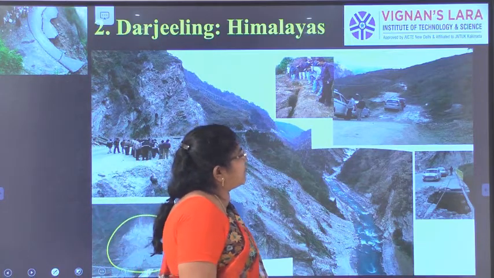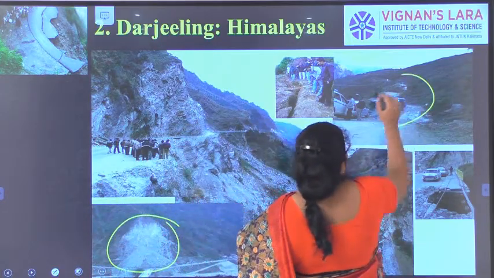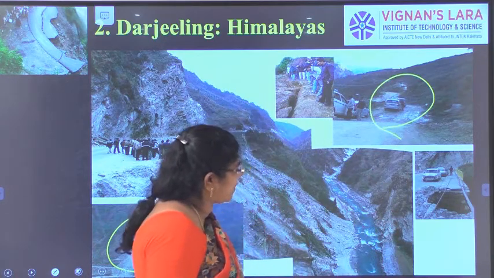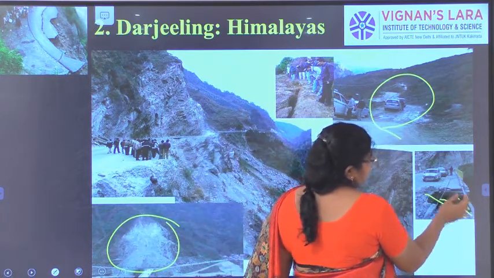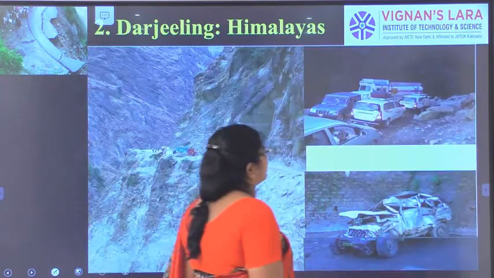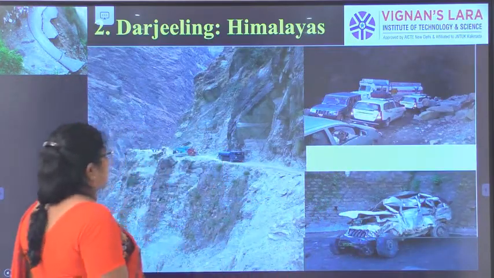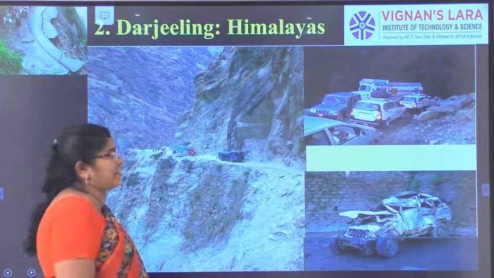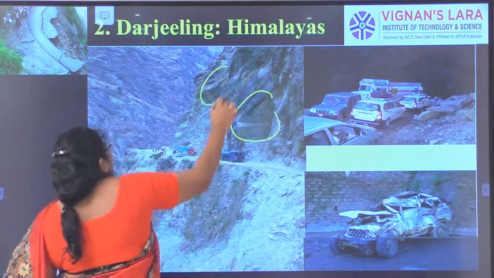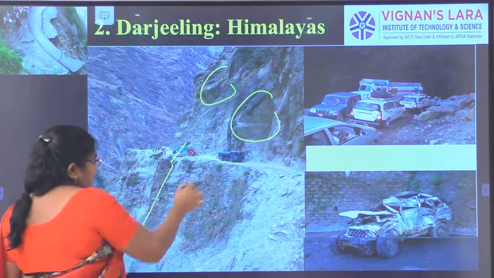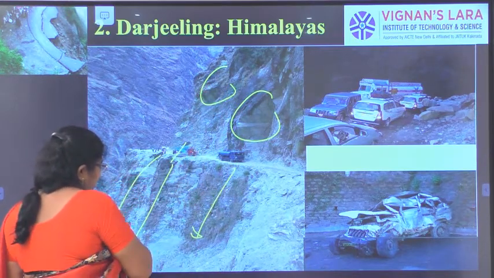And you can see the entire road is full of damage. The entire road is damaged. You can see a small part of the road has been washed away. Already the roads are like that in the Darjeeling area. This entire area was landslided.